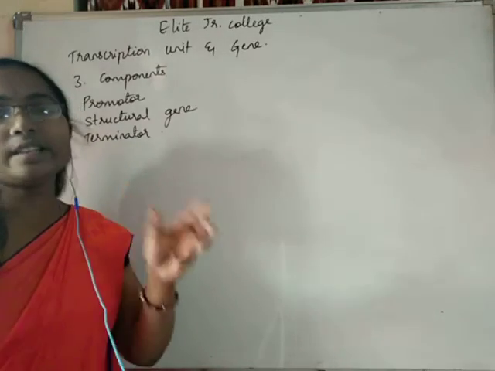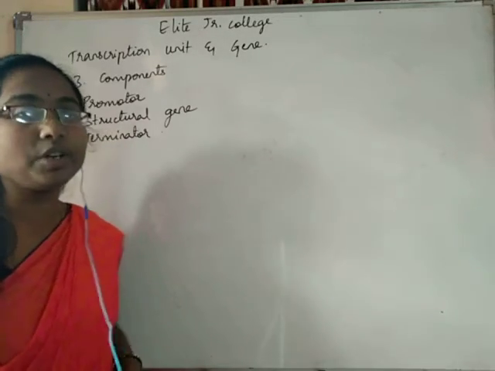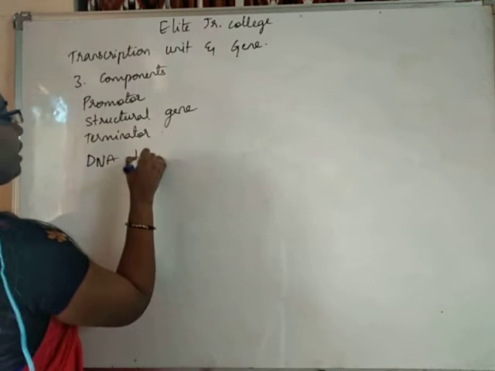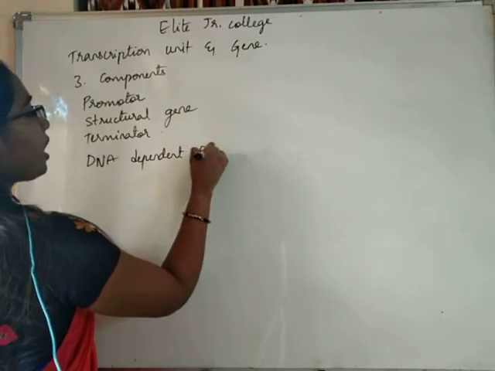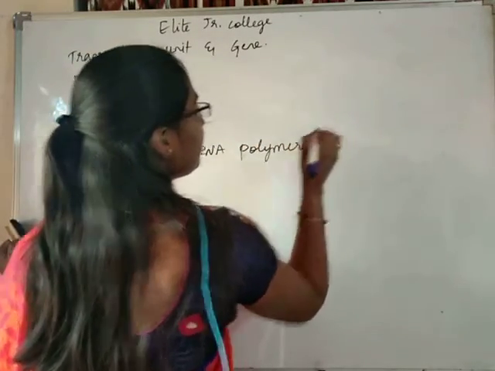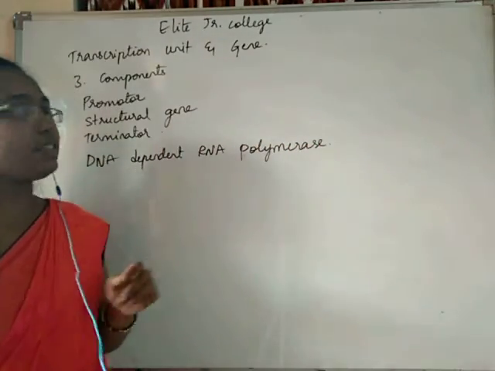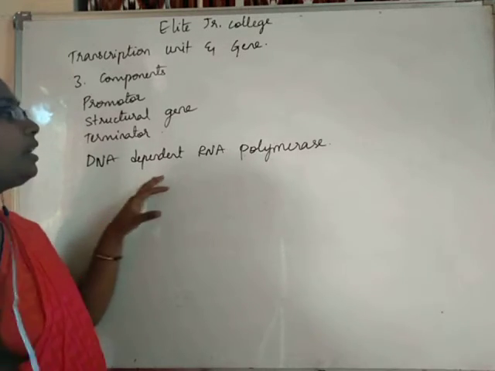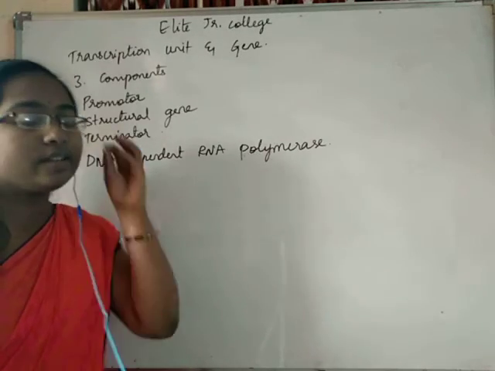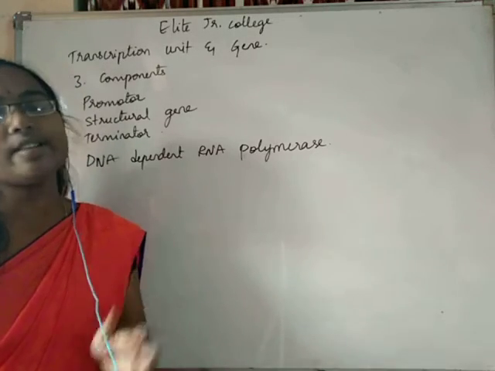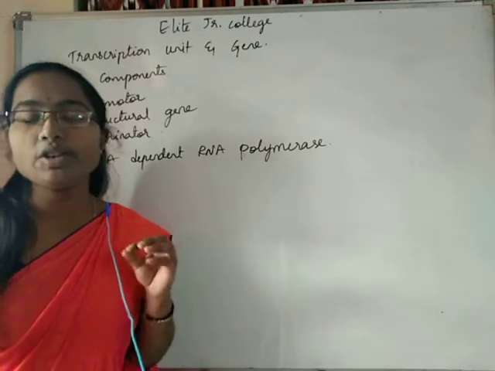So students, what is the enzyme responsible for transcription? The enzyme responsible for transcription is DNA dependent RNA polymerase. It is involved in polymerization of RNAs, the formation of RNA.